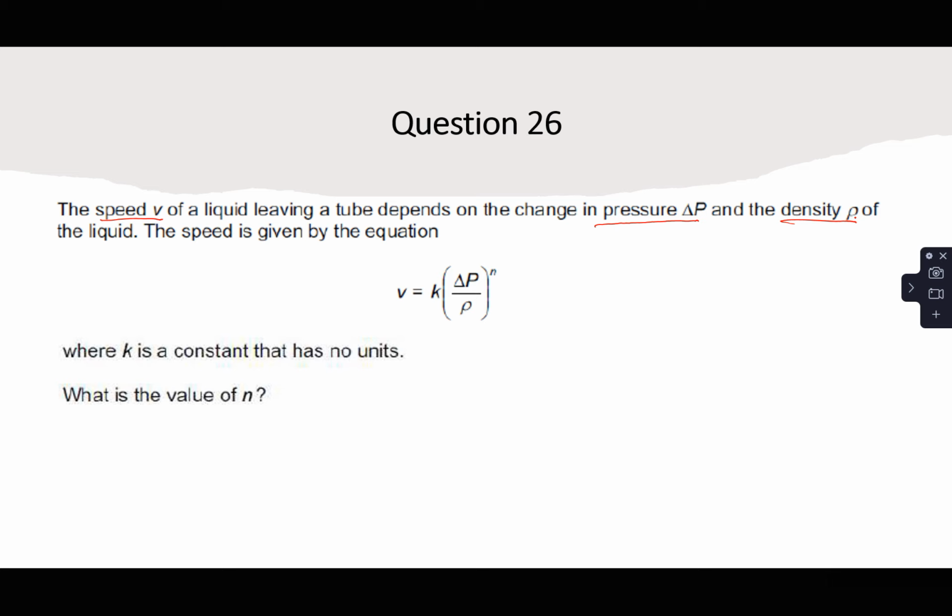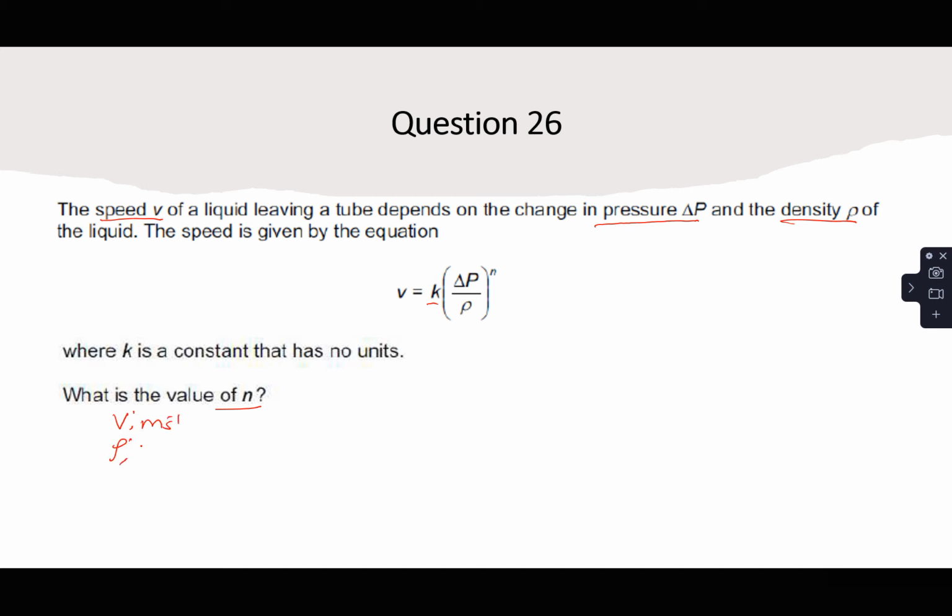The speed is given by that expression where K is a constant that has no units. So K has no units, so we shall not mind about it much. What is the value of N? Since N is a power, we are going to use homogeneity. We are going to equate units. So we have the base units of V. V is speed, that is meters per second.